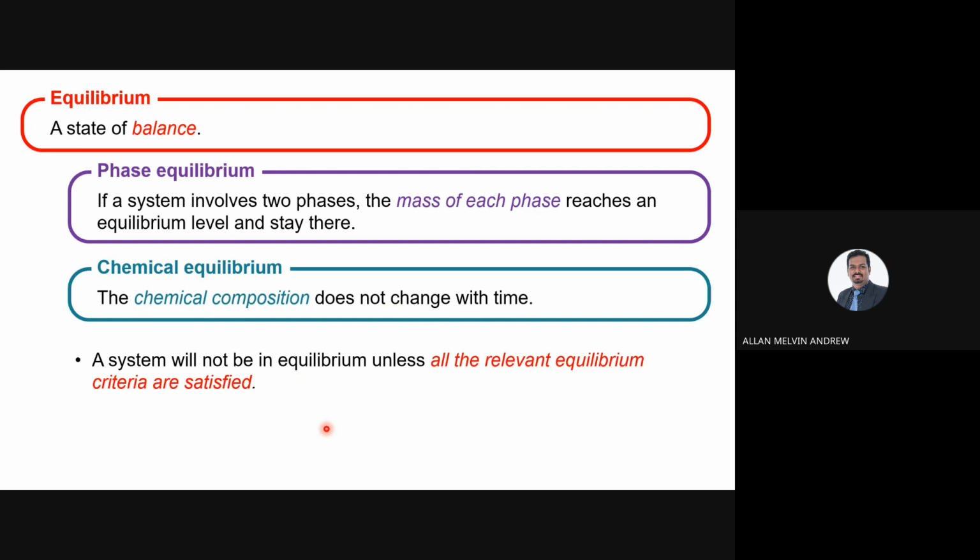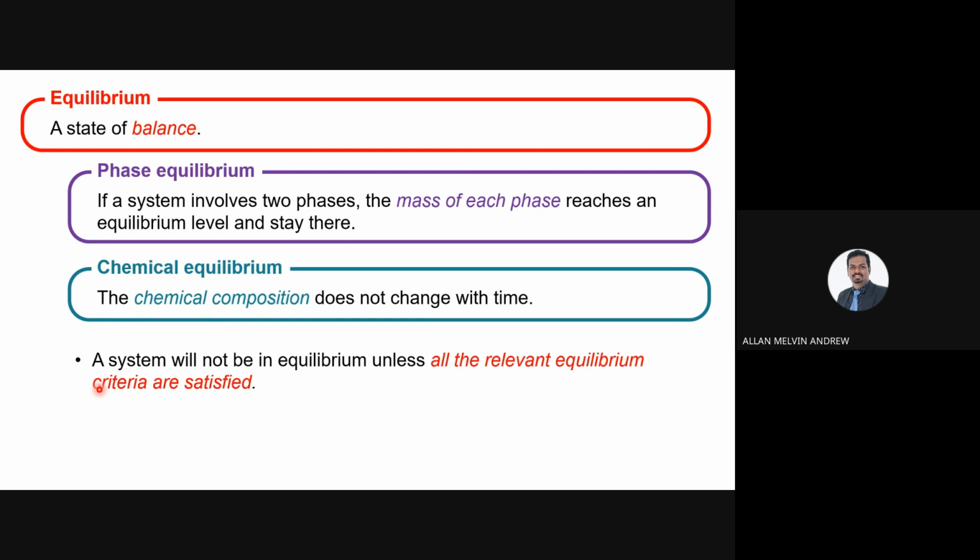Like earlier, we have seen the temperature. The temperature must reach a balance, in between, like 32 degrees Celsius. That is the equilibrium criteria. Until it reaches the equilibrium criteria, you cannot consider it as equilibrium.